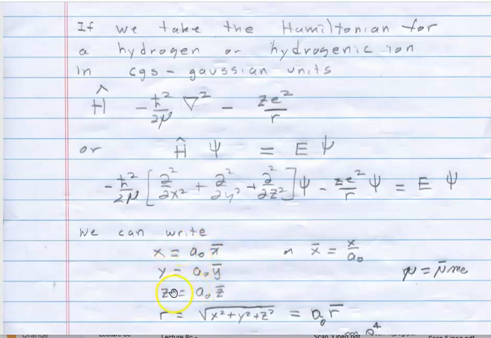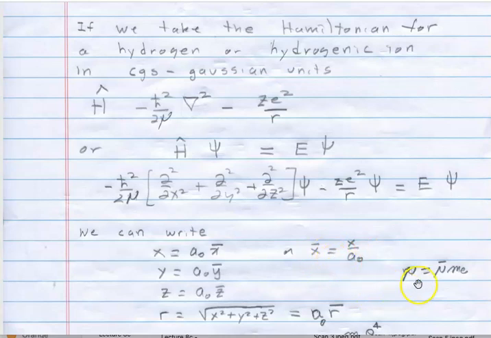And likewise, all these others are length measurements, so I have the numerical value of it, and then the unit, in this case, the Bohr. Now, the way I like to look at it is, x has some dimensions, but if I divide it by a naught, then I get a dimensionless x. So x has whatever units, centimeters, whatever, but divide that by the Bohr radius, and that gives me a dimensionless value for x.